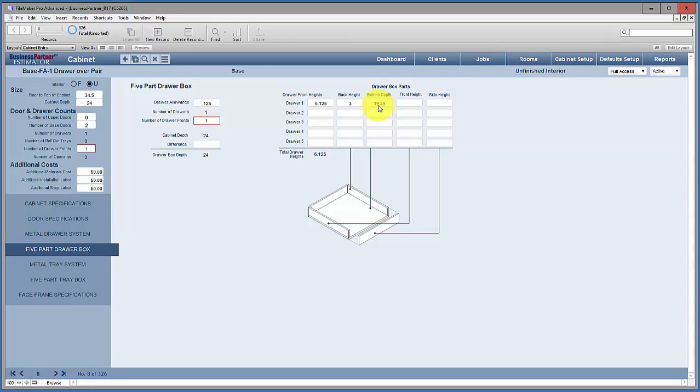One is to have a cabinet that is specific to a 5-piece drawer and a cabinet that's specific to a metal drawer or a system drawer that only has 2 parts that are cut. I've chosen not to do that because we really could not duplicate all of the various pricing methods that the outsourced drawer companies provide anyway, or all of the different methodologies that cabinet makers choose to utilize.